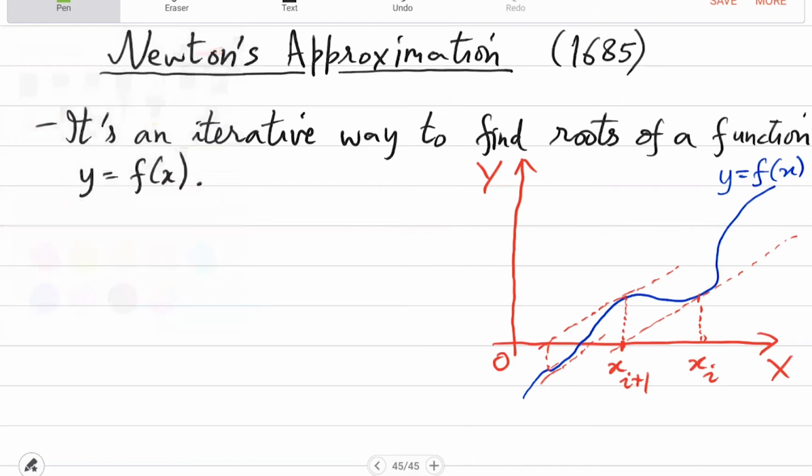So the slope equation says that f prime(xi), or the slope of the curve at xi, is given by this equation. That's the slope equation.